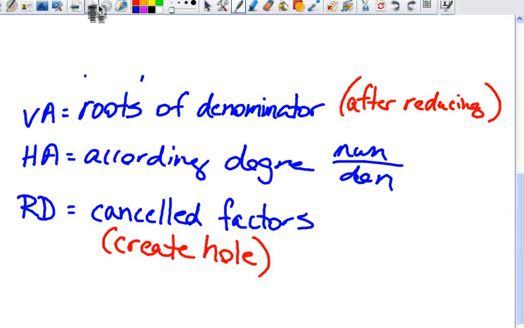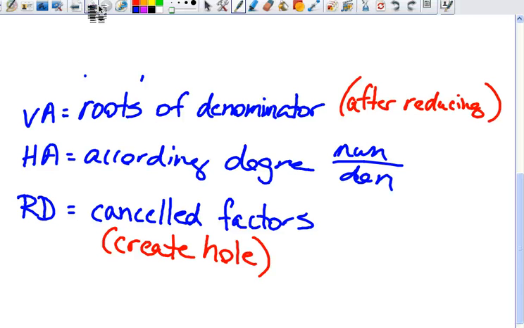All right. So vertical asymptotes are roots of the denominator, but after you reduce. Horizontal asymptotes, you're going to do according to degree, and you're just going to have to memorize those rules. There are 3 rules.